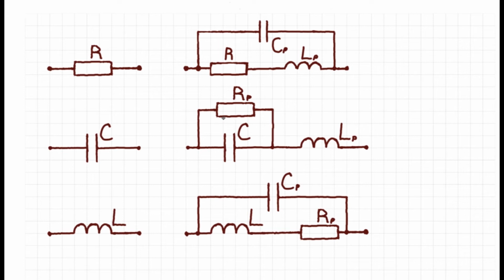Okay, what arises on the scheme? Arise values: a parasitic resistor, which we represent by this resistor with subscript letter P, and parasitic inductance with subscript letter P. Parasitic resistance is the resistance of the dielectric.